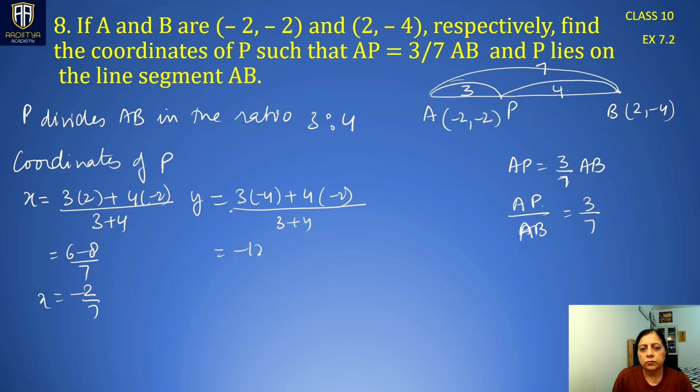So we have negative 12, negative 8 divided by 7, which is minus 20 by 7. So the coordinates of P become (negative 2 by 7, negative 20 by 7). Right?